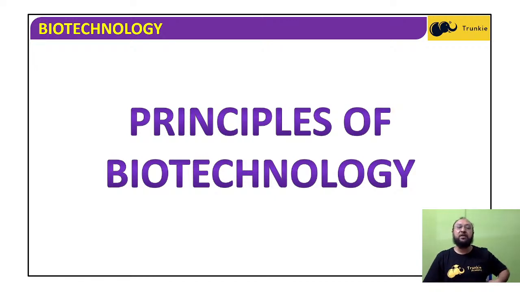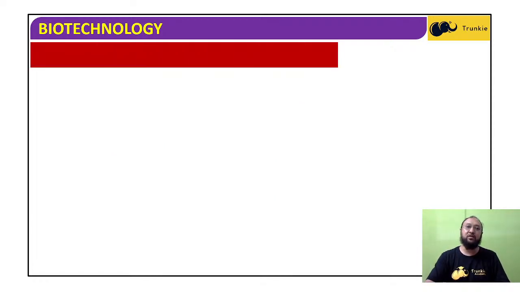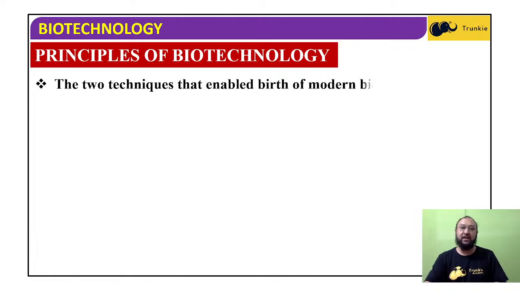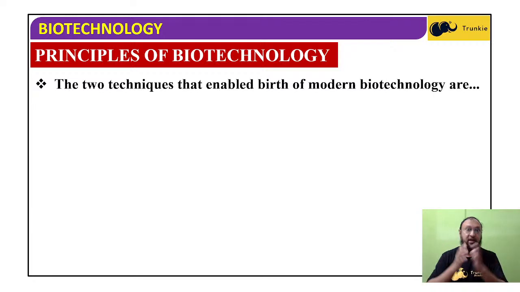Now we come to the important principles of biotechnology, the main principles involved. The two techniques that enabled the birth of modern biotechnology are a very important question for the exam.